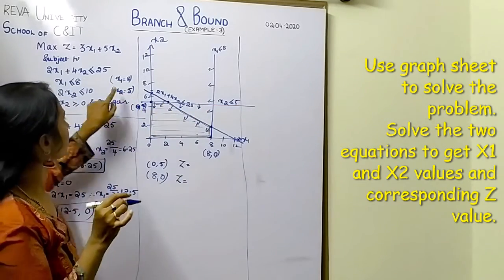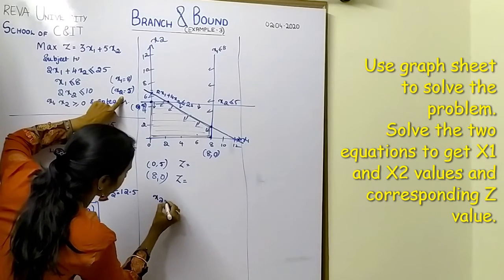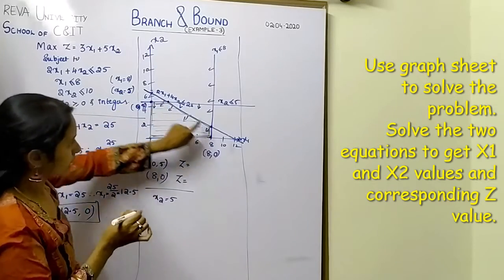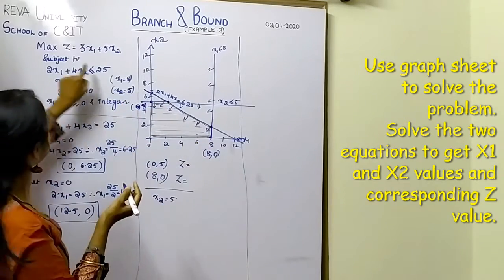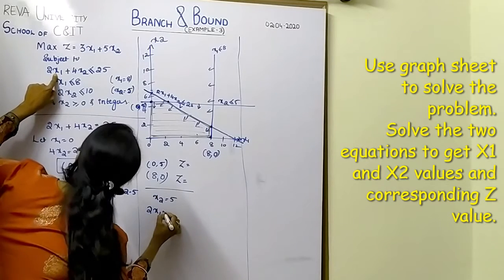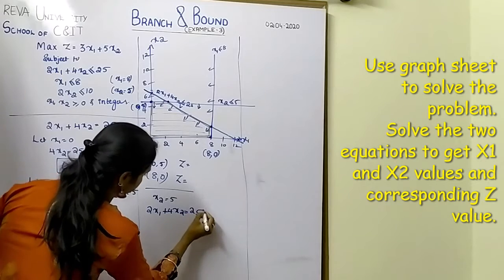What is this equation? x2 equal to 5. So x2 equal to 5, you have to substitute in the other equation, 2x1 plus 4x2 equal to 25.